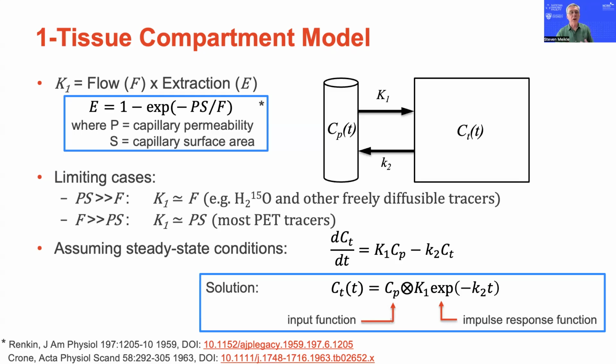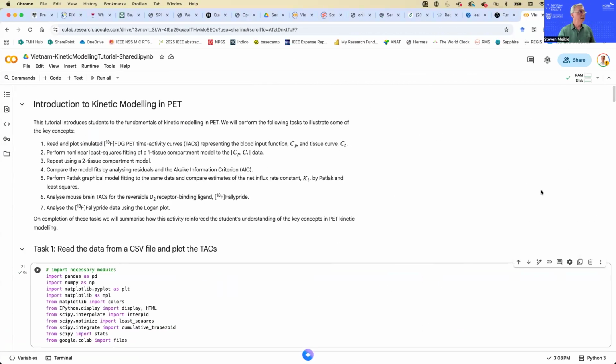And once we've got those, we can make inferences about what's happening physiologically. So that's just a really gentle introduction to kinetic modeling in general and the one tissue compartment model specifically. And now we'll jump to the tutorial. I'll come back to this presentation a bit later on.